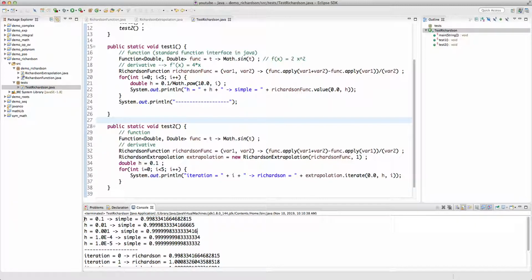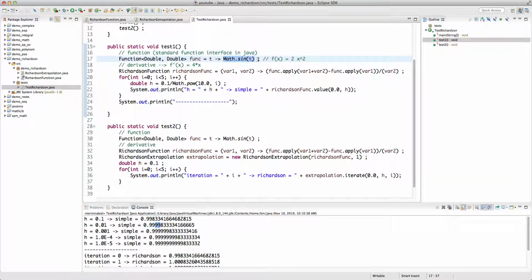And as you can see here, this forward error has a property: each time we reduce h by 1 order of magnitude, the error goes down by 2 orders of magnitude. That's because if you look at the Taylor series of sine, it's basically x minus x cubed over 6, right?